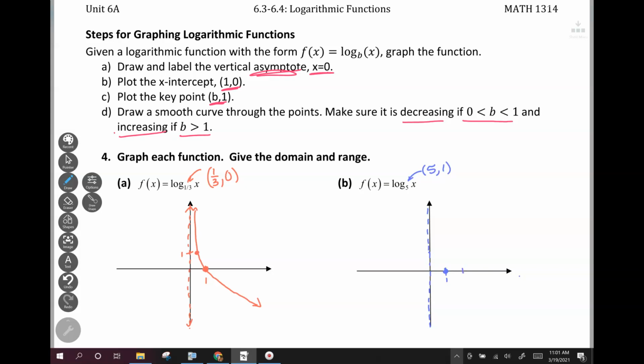So 1, 2, 3, 4, 5. Y value is 1. And then we can draw our curve through those points. This one's a lot flatter. Could just be how I drew it, but... All right, there it is.